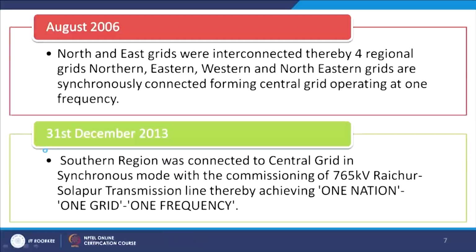On 31st December 2013, the southern region was connected to the central grid in synchronous mode with the commissioning of the 765 kilovolt Raichur Solapur transmission line, thereby achieving one nation, one grid, one frequency. So, dear listeners, I wish to conclude that the energy grid of India achieved one frequency, one grid in the month of December 2013.